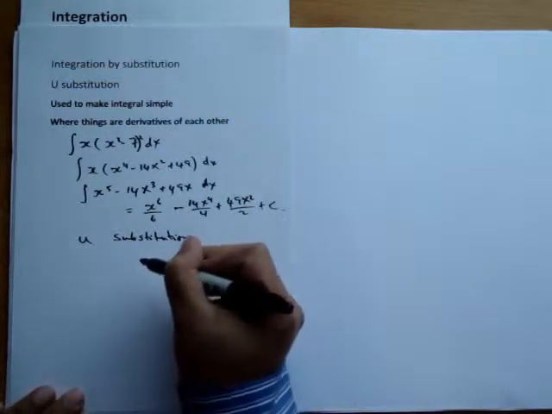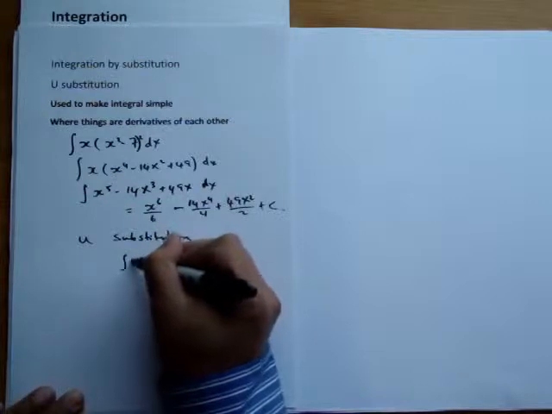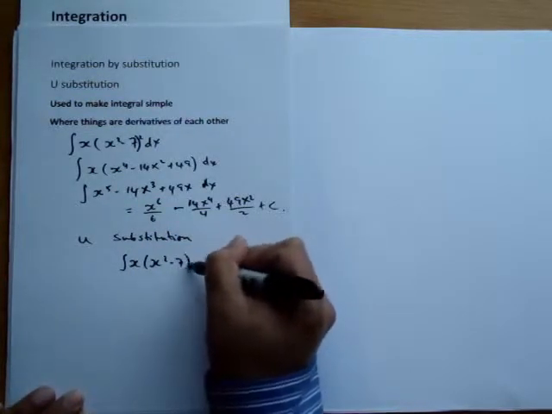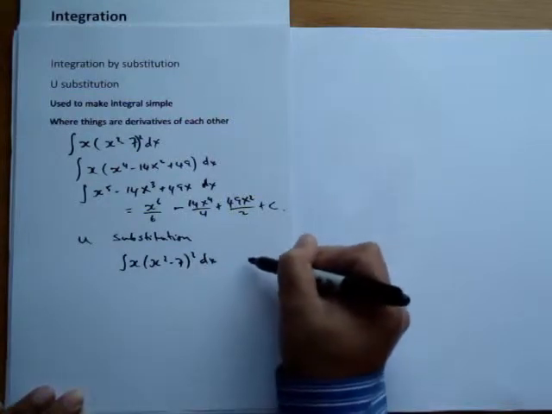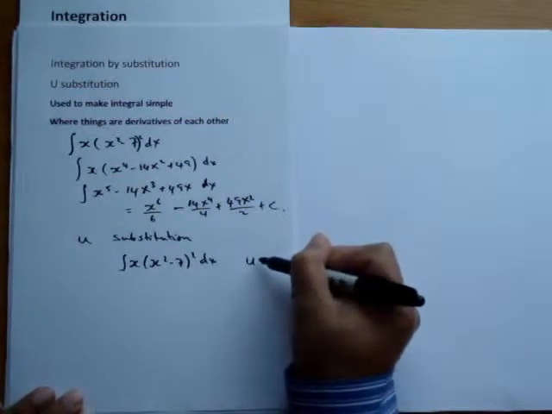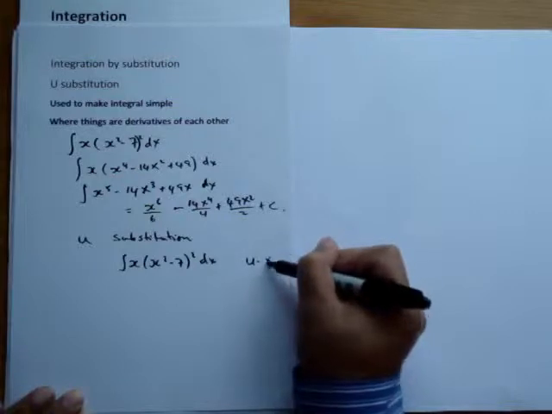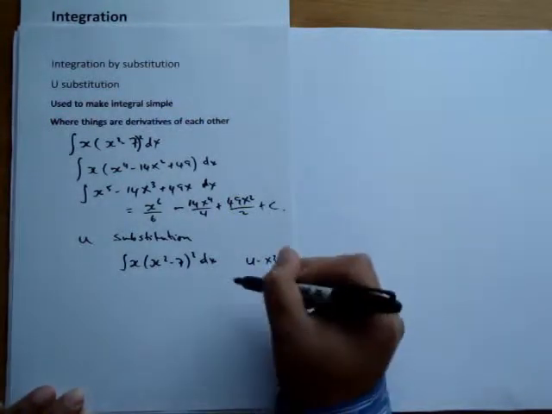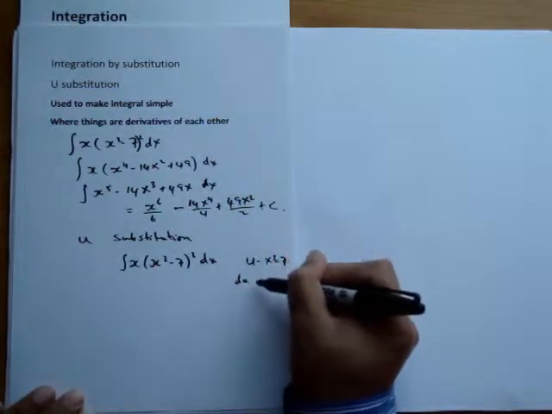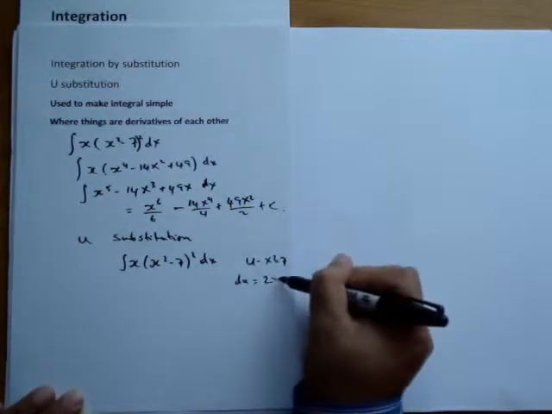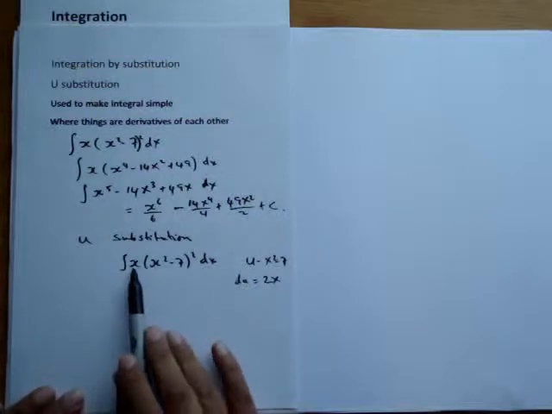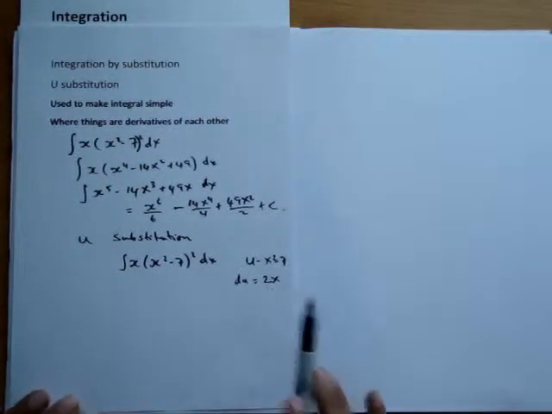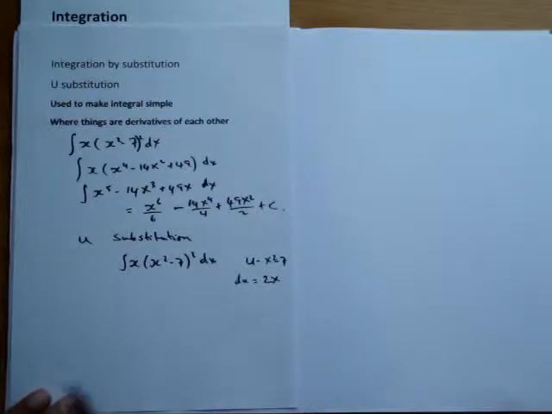So if we have the integral of (x squared minus 7) squared dx, we choose u to be x squared minus 7, du then equals 2x, and we can see that an x appears here. We don't have to worry about the constant 2, we can get rid of that by division.